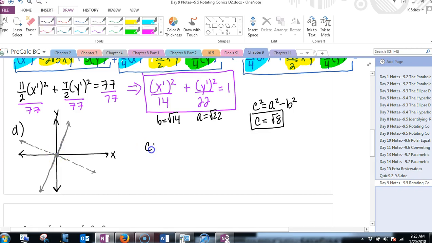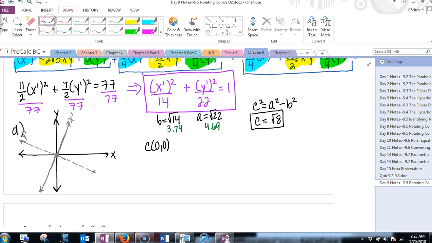Your center is always at 0, 0. Root 22 is about 4.69, and root 14 is about 3.74, and root 8 is going to be a little less than 3. So root 22, that's in your y direction, so you're going up about 4.69. Again, let me label these. This is your x prime, this is your y prime.